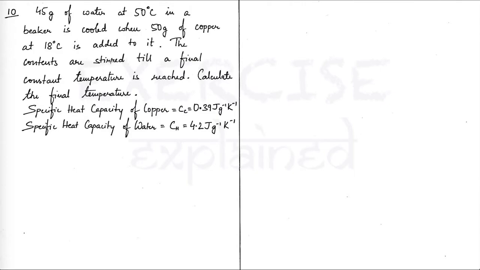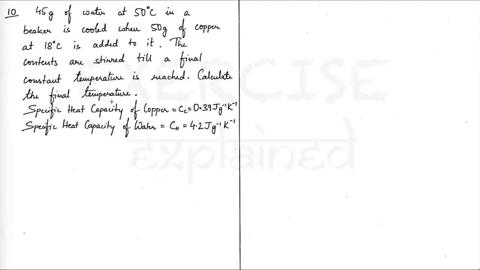The contents are stirred till a final constant temperature is reached. Calculate the final temperature. So 45 gram of water at 50 degrees Celsius, that means the mass of hot body is given as 45 grams and the temperature of hot body is given as 50 degrees Celsius. The mass of cold body is given as 50 grams, and the temperature of cold body is given as 18 degrees Celsius. So we basically need to find T suffix F.